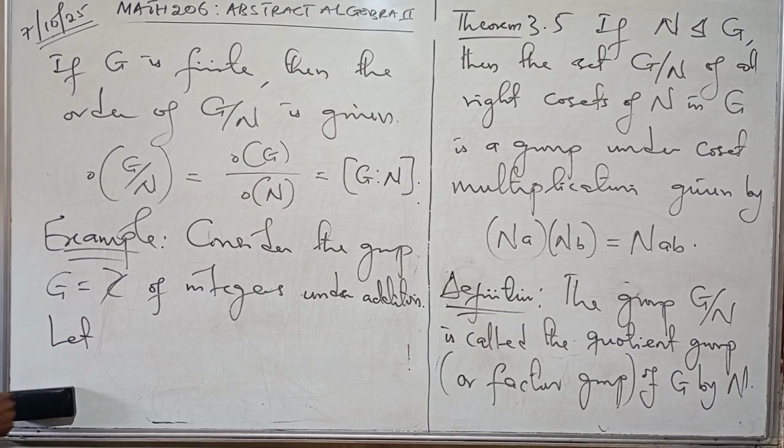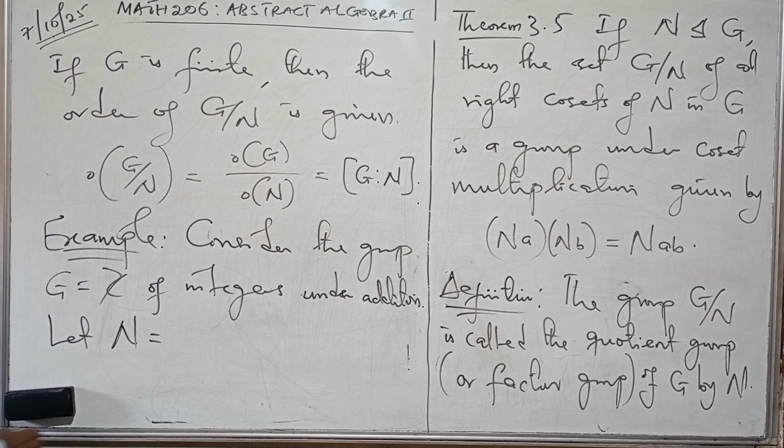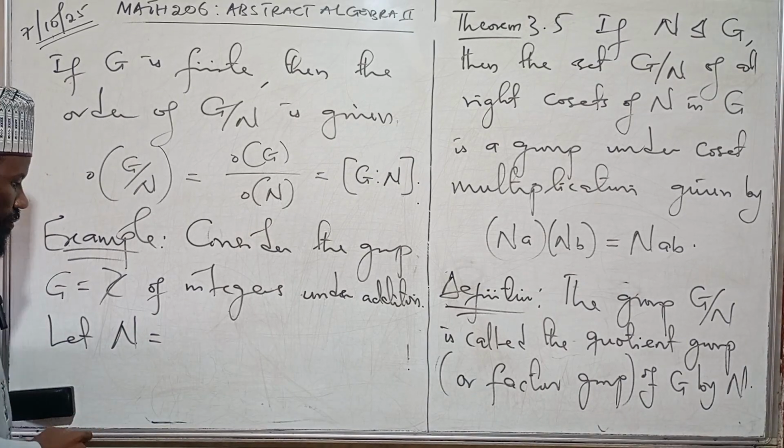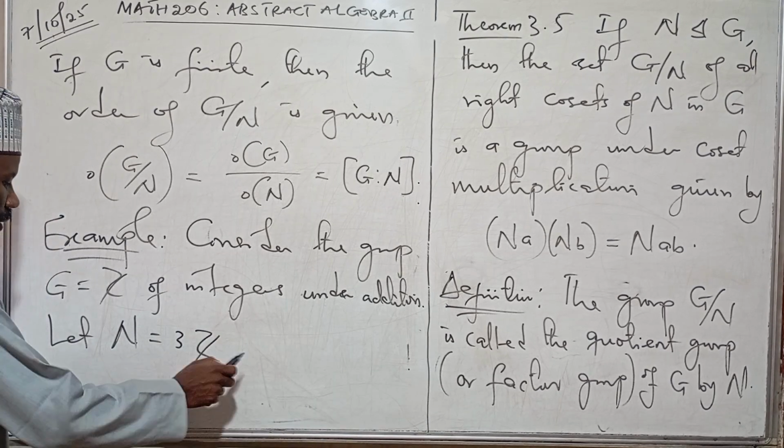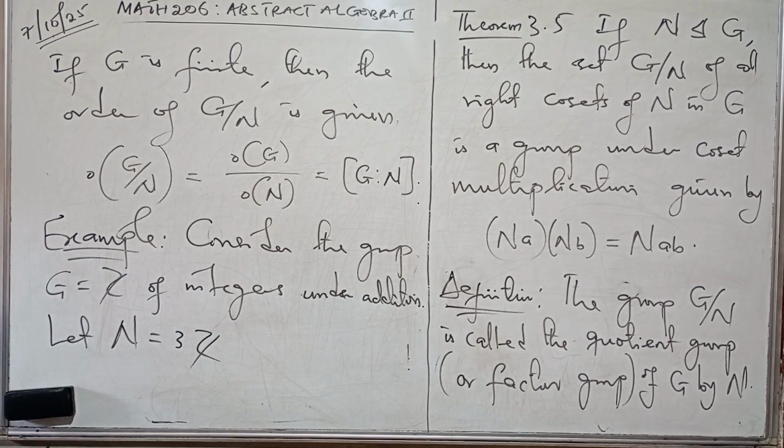And let N be the subgroup 3Z. That is the subgroup of the group of integers consisting of all multiples of 3.